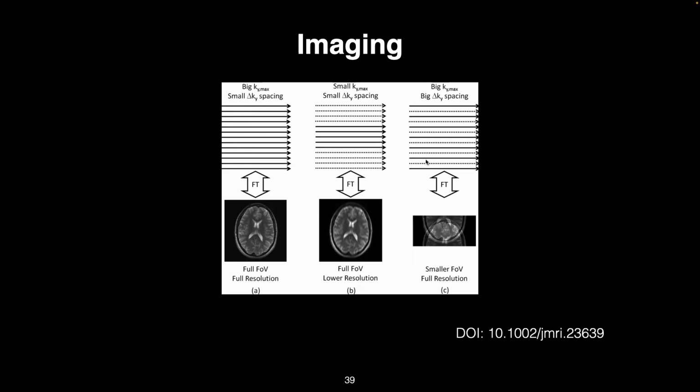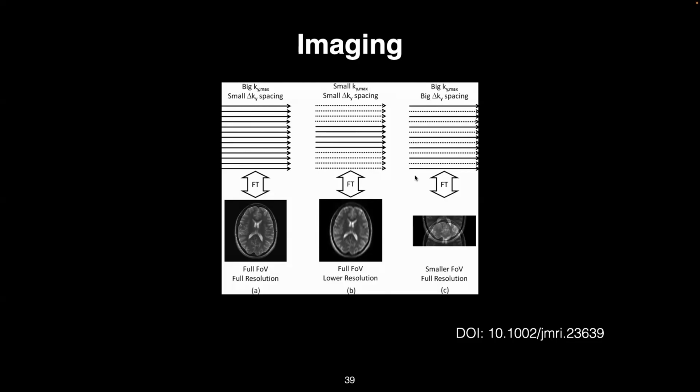So that's one option. But what people actually do now, in various flavors, is instead of not collecting the edges, they do collect the full extent of k-space, but they skip intermediate lines.